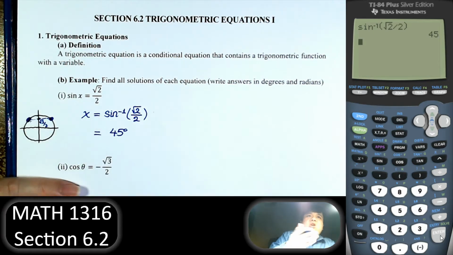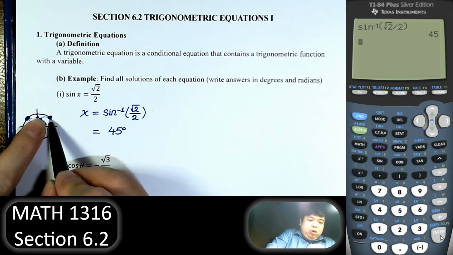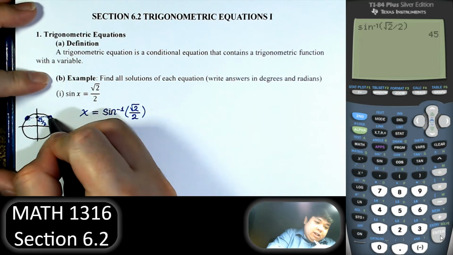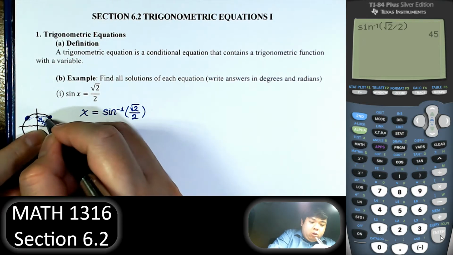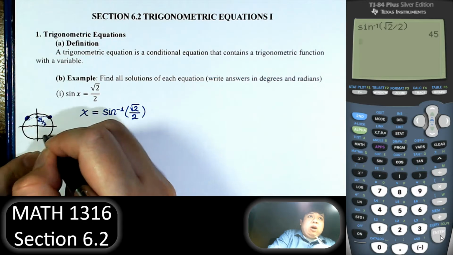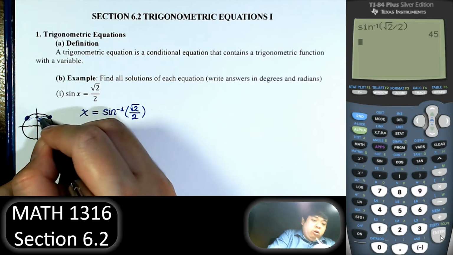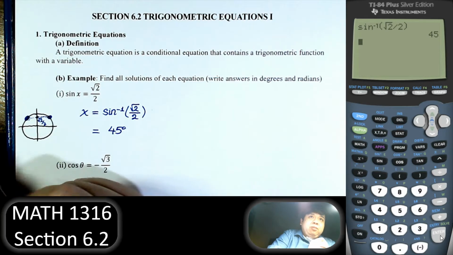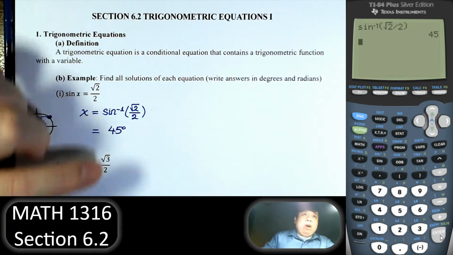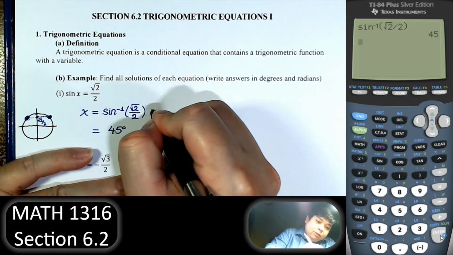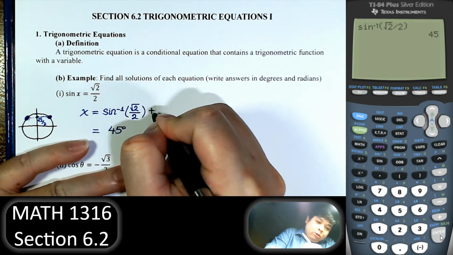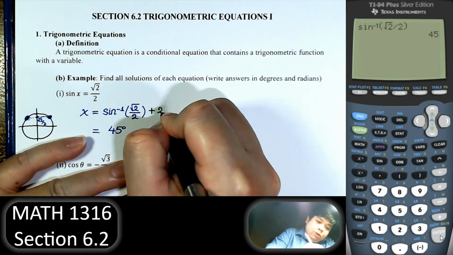But that's not the only answer we have. If we have this point at 45 degrees, we can also go around more revolutions, or we can go backward. So the key here is when we have the answer like that, we have to add 2.